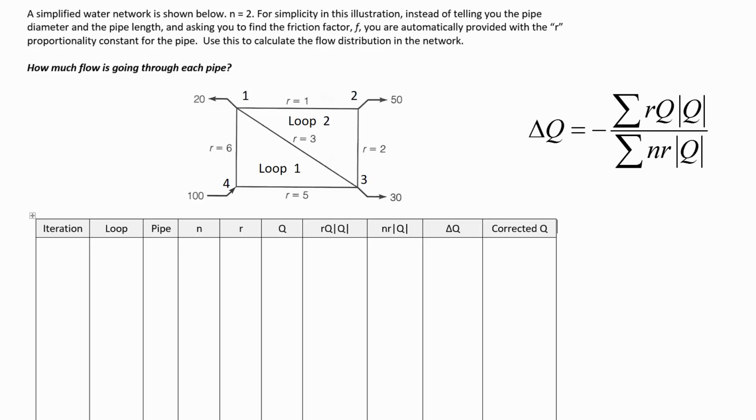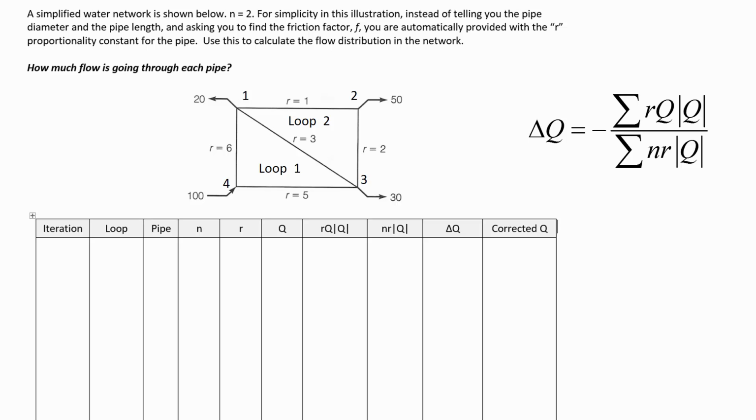Now we're going to look at what's going on in loop 2. We're still in iteration 1, but now we're looking from the perspective of loop 2. So the pipes in loop 2 are pipe 1-2, pipe 2-3, and pipe 1-3.